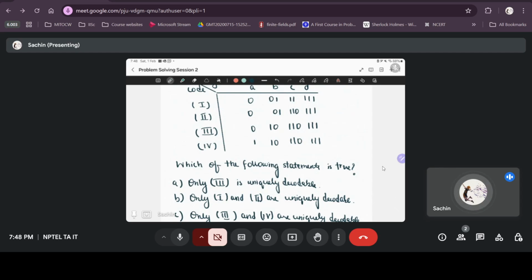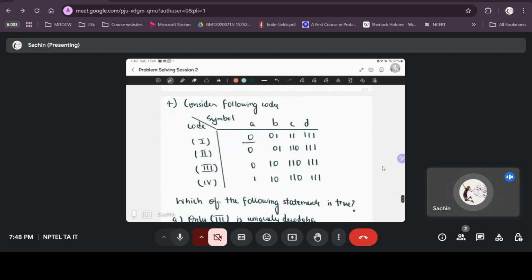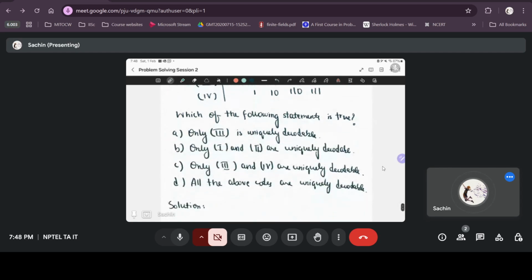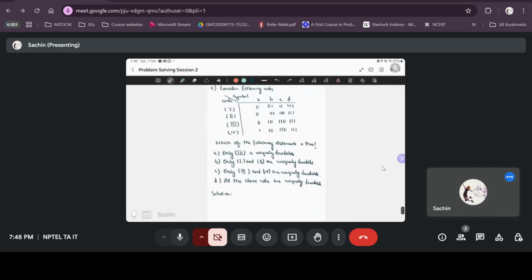For example, here 0 is a code word for A, but 0 again occurs right at the beginning of the code word for B. So this could cause a problem when you're sending a large number of code words. You may not be able to distinguish between different sequences of code words.